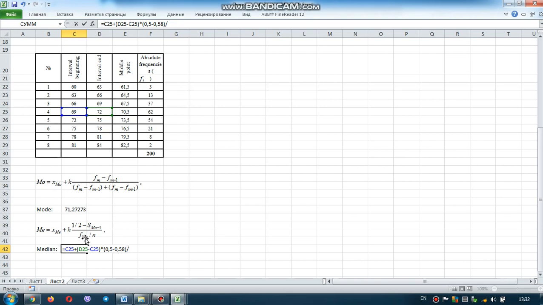F ME is the frequency of the median interval, the absolute frequency.